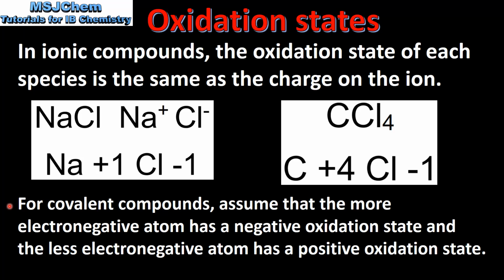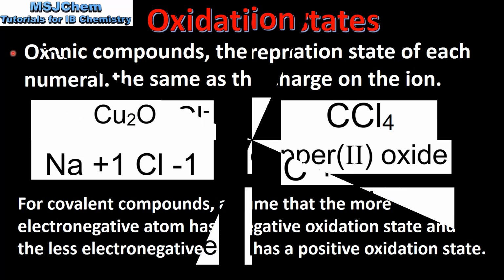For covalent compounds, assume that the more electronegative atom has a negative oxidation state, and the less electronegative atom has a positive oxidation state. So here we have CCl4, which is carbon tetrachloride. Chlorine is more electronegative than carbon, therefore we assign it the negative oxidation state.